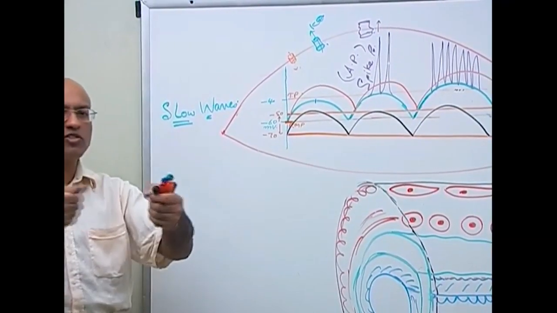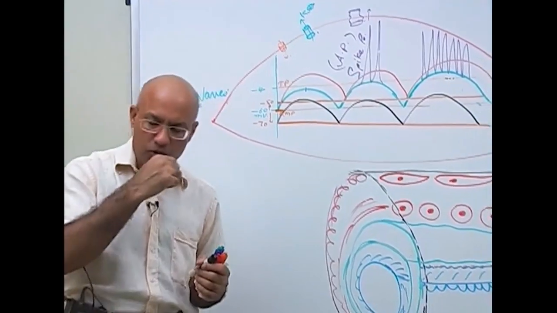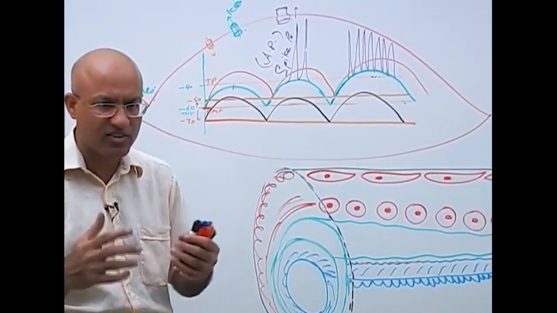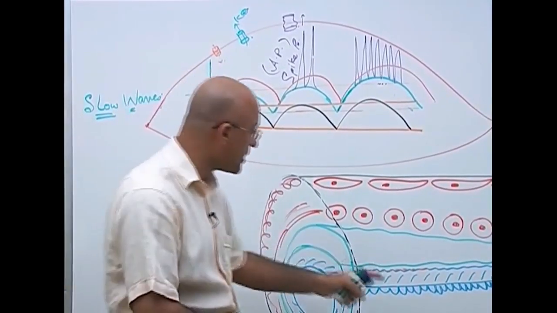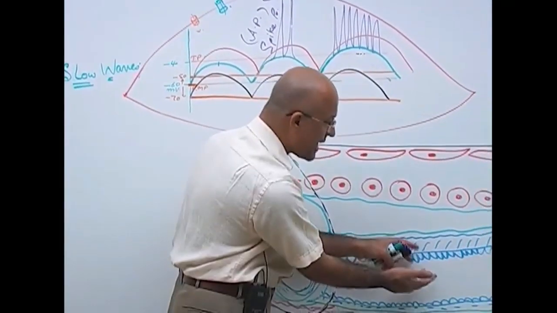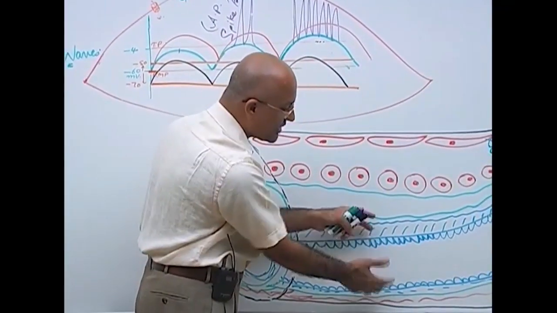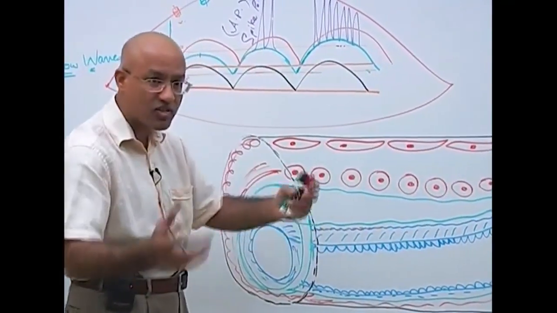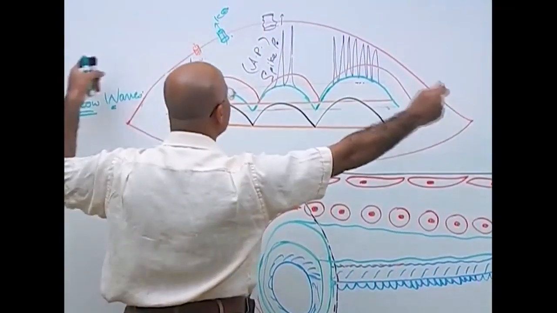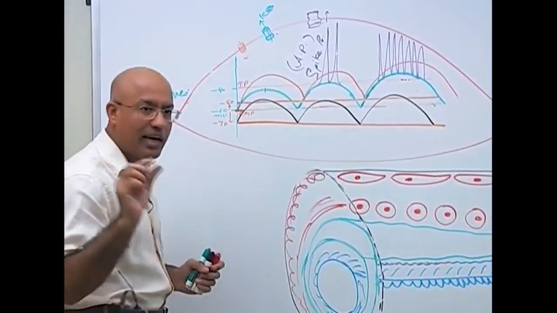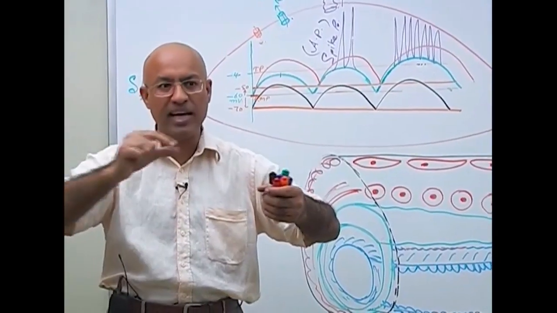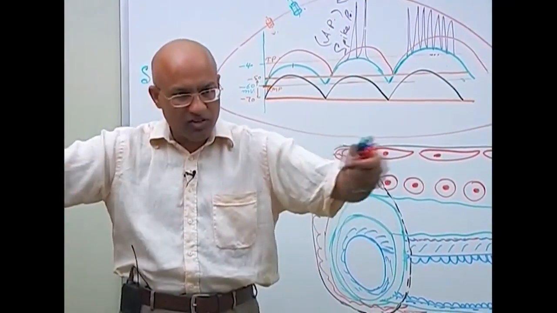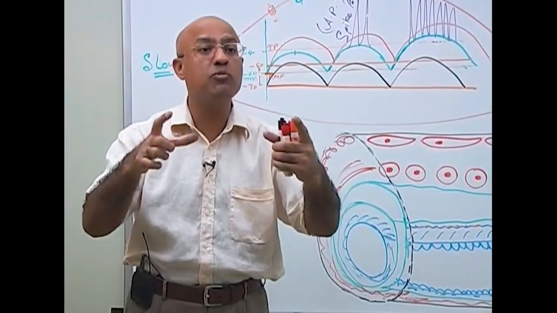Number one is the stretch in the smooth muscle. Smooth muscles in the gastrointestinal system are stretched when the GIT is distended. For example, there's a big bolus of food here and this part of the GIT is stretched and smooth muscles are stretched. When smooth muscles are stretched, these calcium channels are like holes in an elastic membrane. When an elastic membrane has multiple holes and you stretch it, the holes become wider.